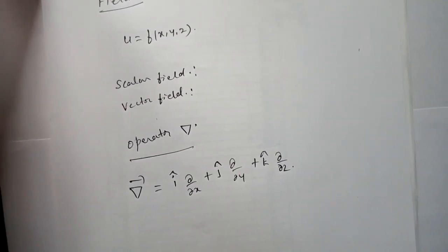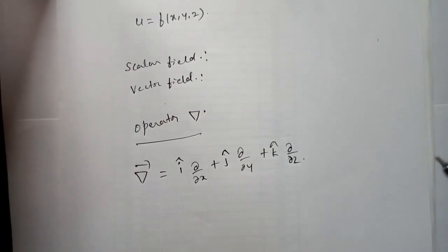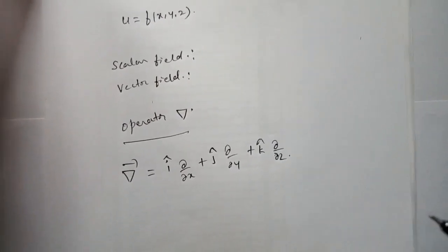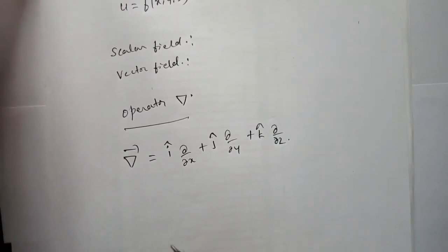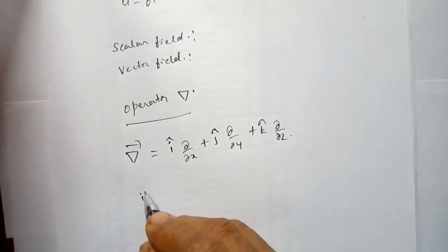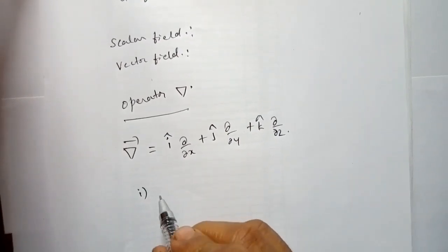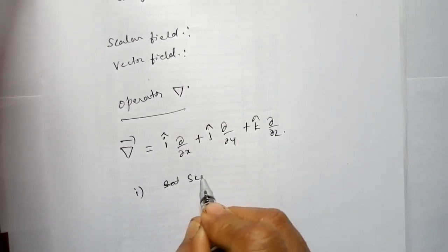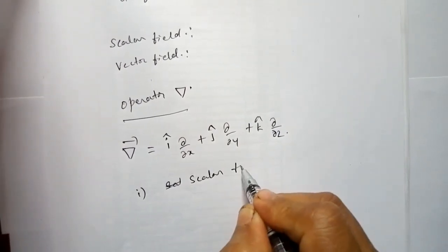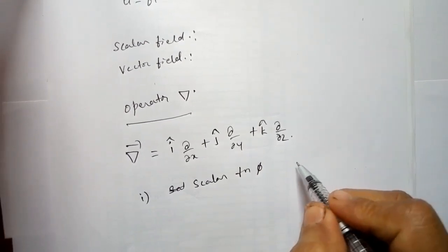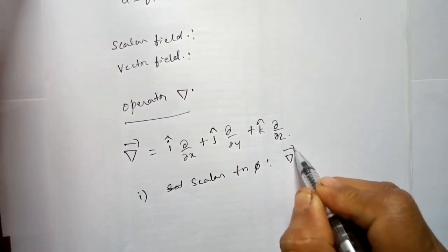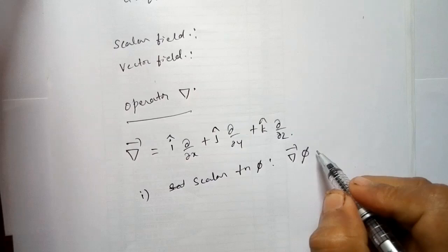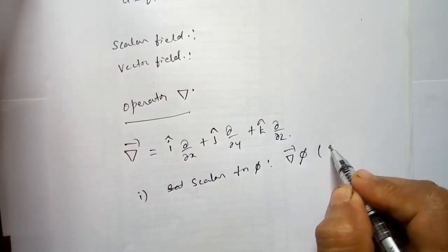Del can operate in three different ways. First, it can operate on a scalar function, let us say phi, and then we write del phi. It is called the gradient.